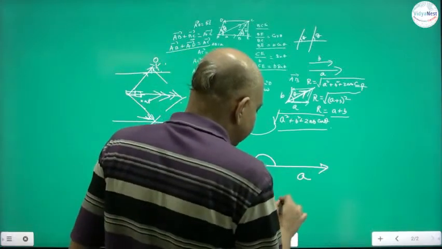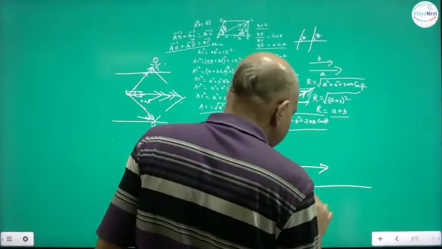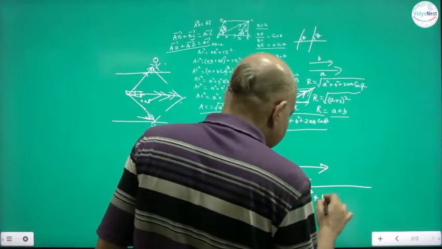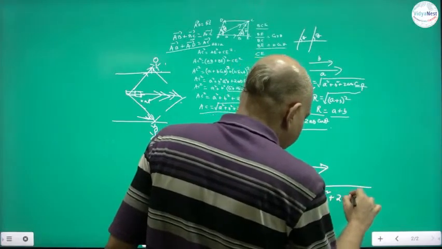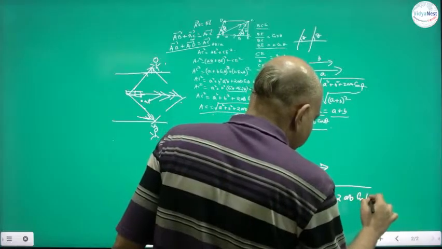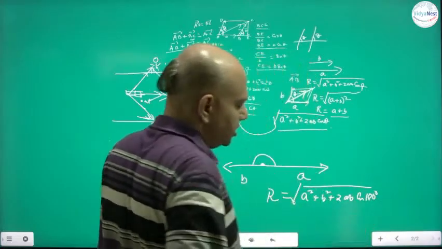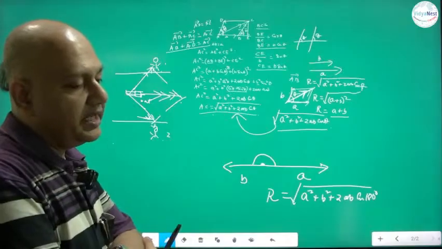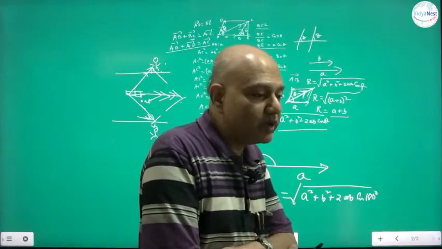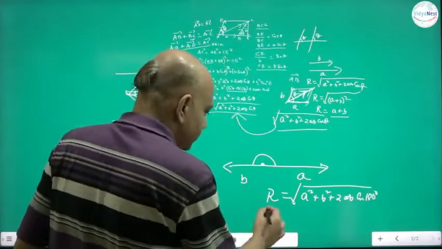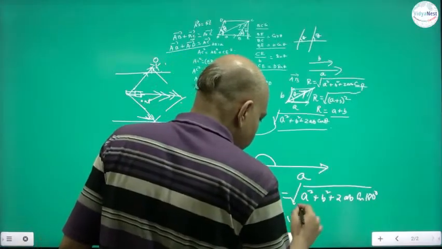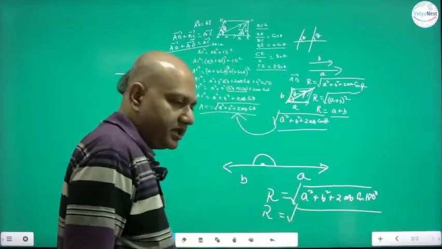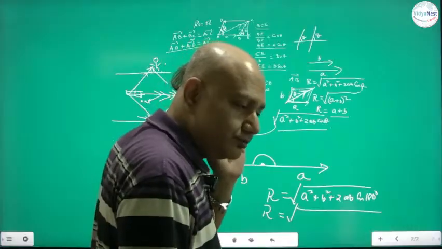Therefore the resultant addition of the two vectors is a square plus b square plus 2ab cos 180. Do you know the value of cos 180? It has the value of -1. Have you started trigonometry?